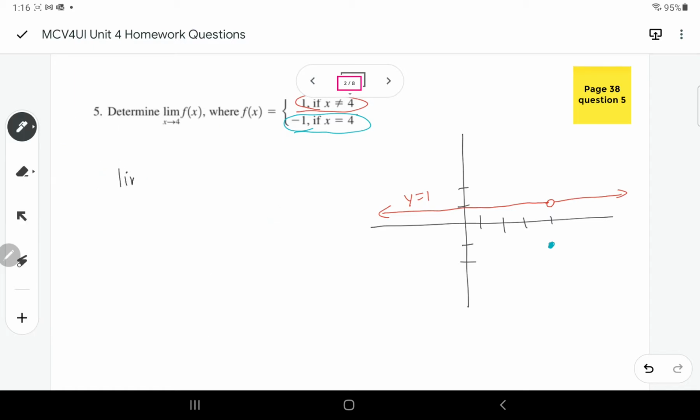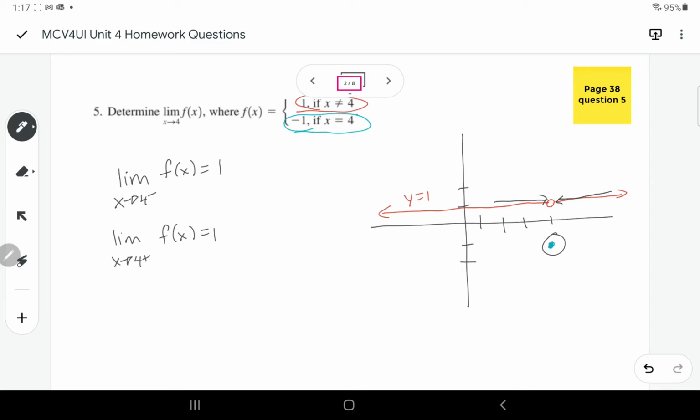So the limit as x approaches 4, and you can specify from the left and right, but you don't necessarily have to here because it doesn't go on to different functions. As you're getting closer to 4 from the left, your y values are 1. And as you're getting closer to 4 from the right, your y values are 1.